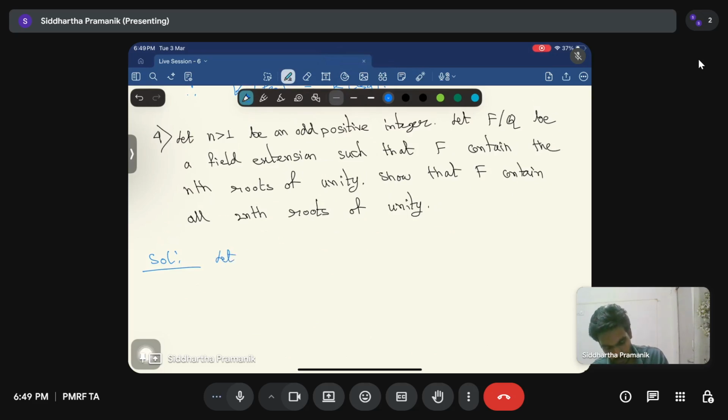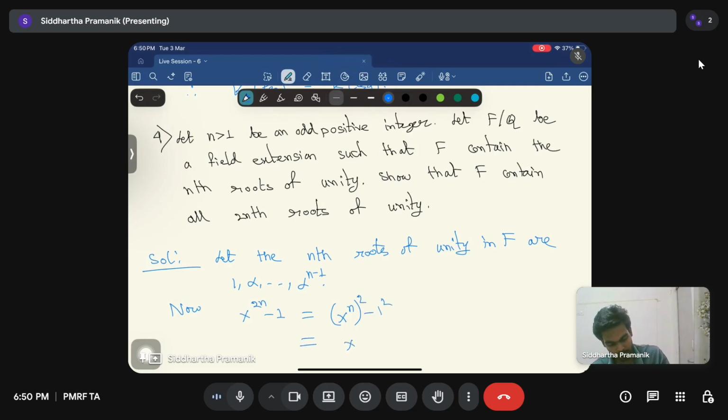Let the nth roots of unity in F be 1, alpha, dot dot, alpha power n minus 1. Now observe that the polynomial x power 2n minus 1 is x power n whole square minus 1 square, so this is x power n minus 1 times x power n plus 1.